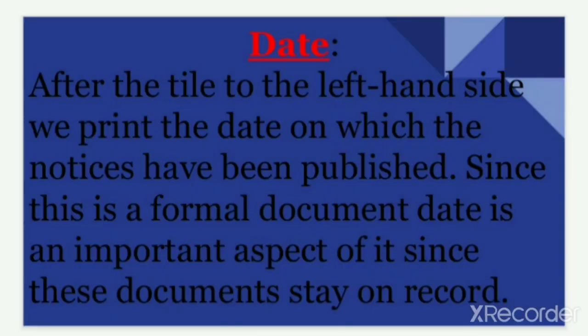After the title, we have to write a date. To the left-hand side, we print the date on which the notice has been published. Since this is a formal document, the date is an important aspect of it, since these documents stay on record.